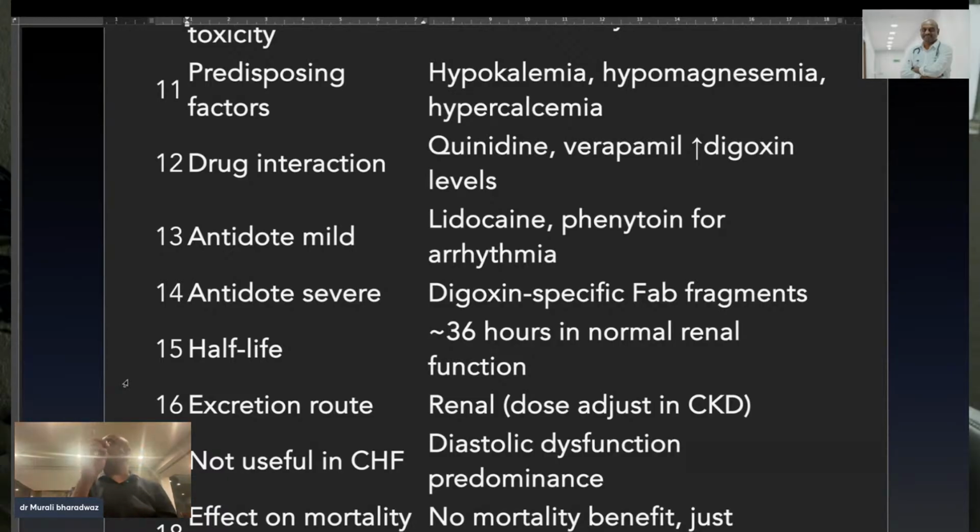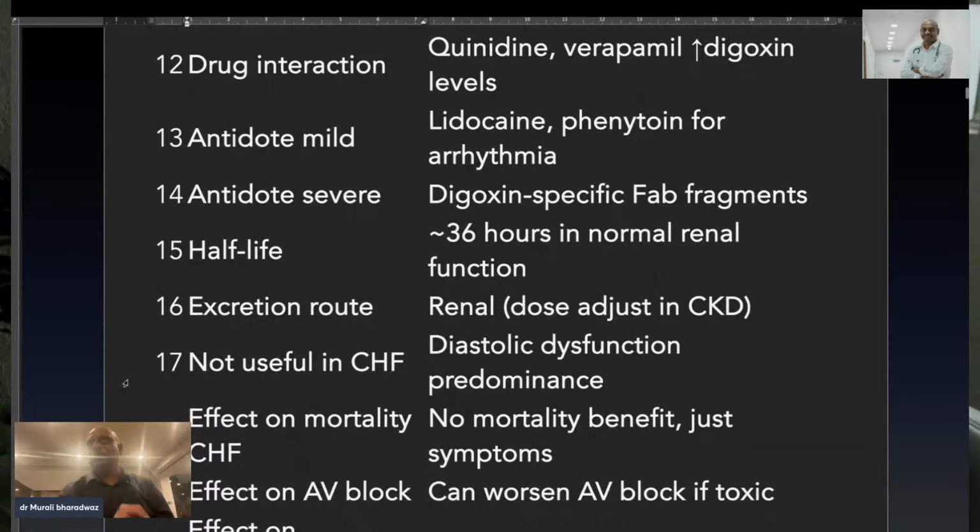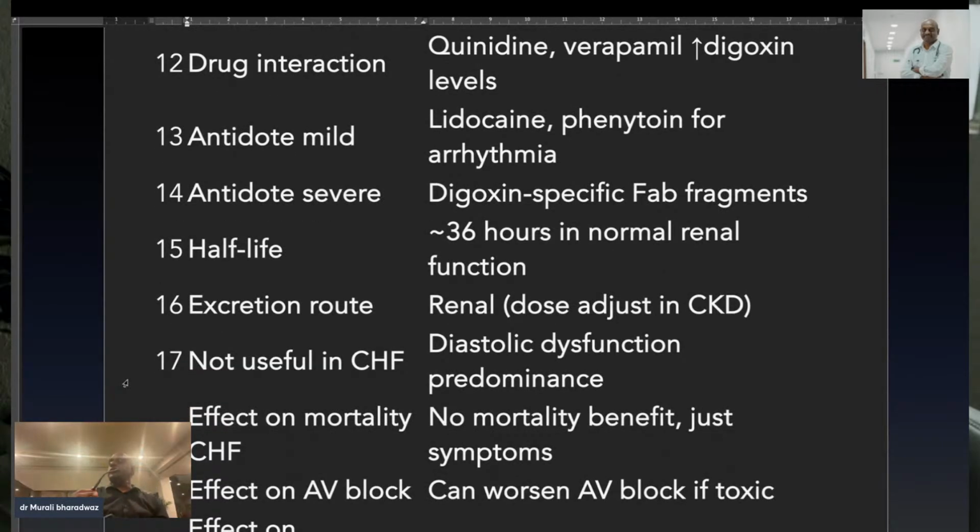The only place where, if there is hyperkalemia, you don't give calcium is if that hyperkalemia is because of digoxin toxicity, because hyperkalemia itself predisposes to worsening of the digoxin toxicity. Then we also give digoxin-specific FAB fragments, anti-digoxin antibodies. FAB means antibody, the heavy chain is there, for antigen recognition, antibody specificity.